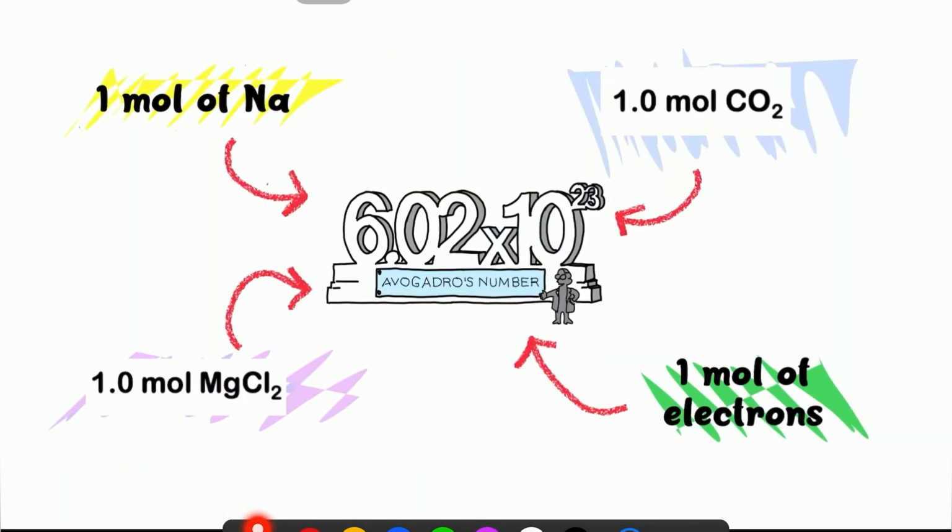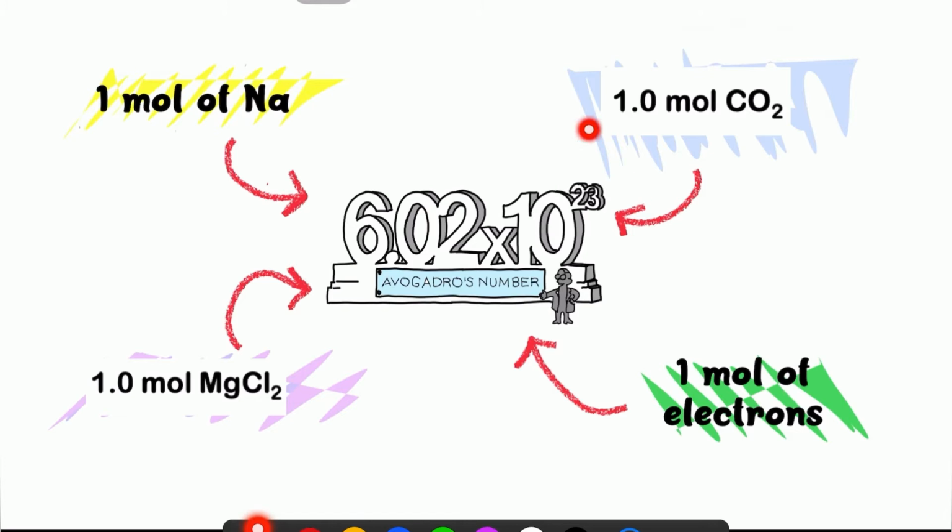Avogadro number. Avogadro number is synonymous with the mole of any atoms, molecules and formula units. For example, 1 mole of sodium consists of Avogadro number of atoms, because sodium only has one type of element. And carbon dioxide, you can see that it is a molecule because it has more than one element.